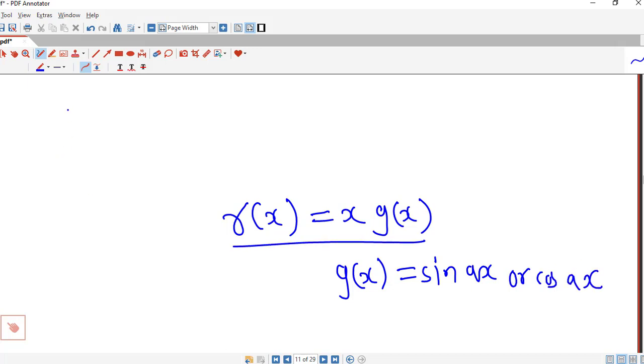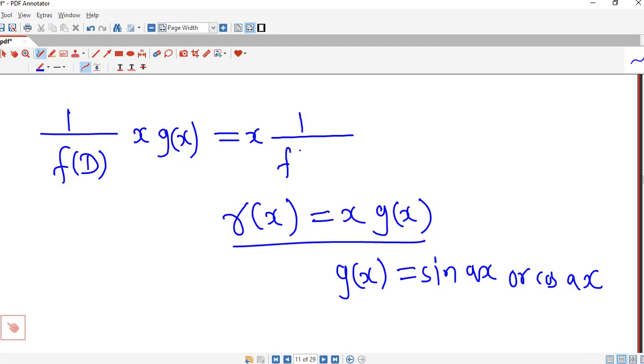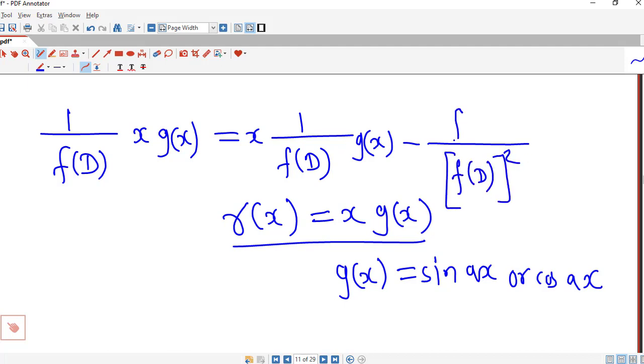So this is another interesting shortcut formula: 1 over f of D, x into g(x), equals x as it is, 1 over f of D, g(x), minus, here we have to write the square of f of D, the derivative of f of D with respect to D applied to g(x).